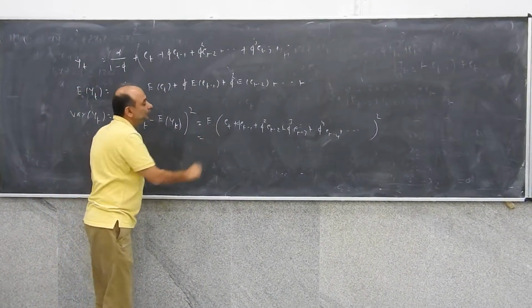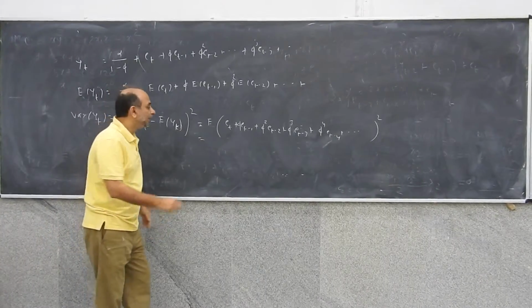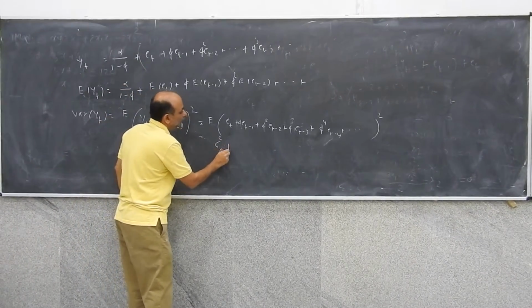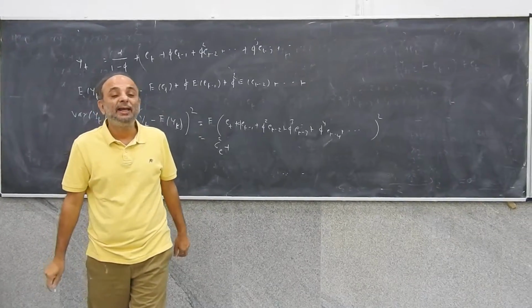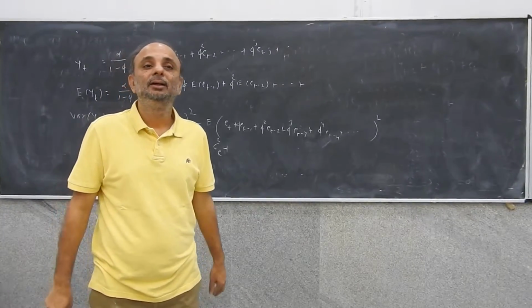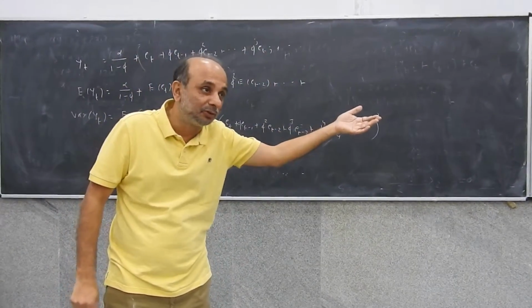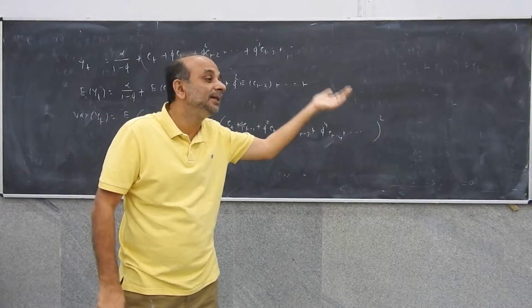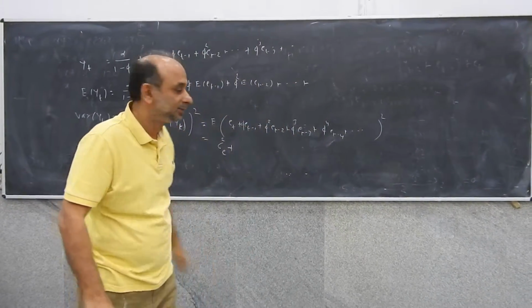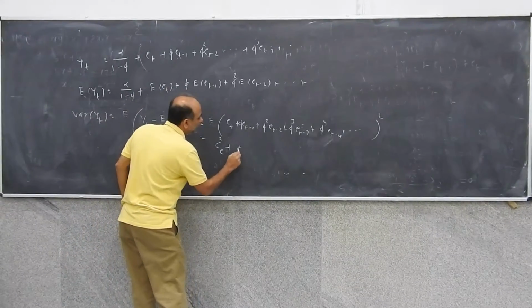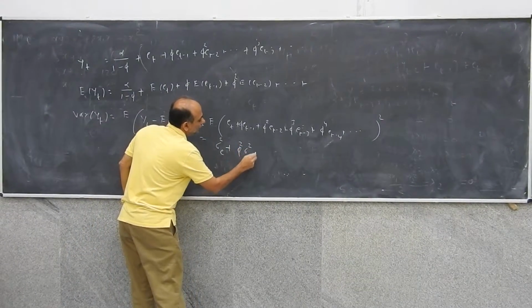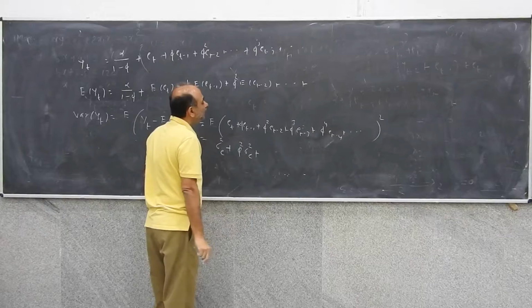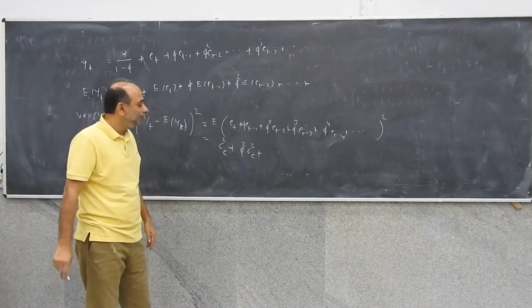So what is the variance of et? Sigma square. What is the variance of phi et minus 1? Phi square sigma square, because variance of alpha x is alpha square variance of x. What is the variance of phi square et minus 2?